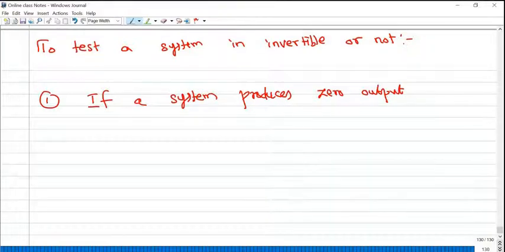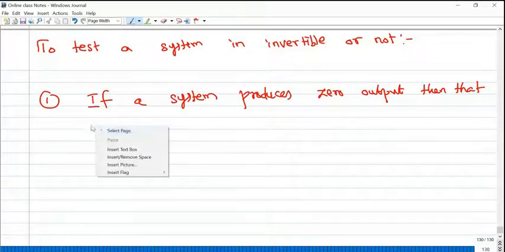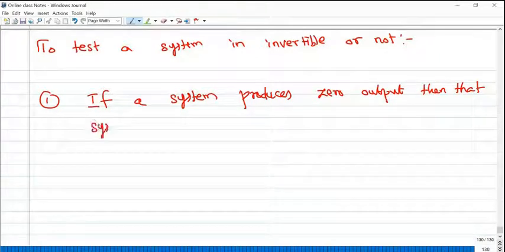So to check whether the system is invertible or not, the system should not produce a zero output. Okay, if the system produces zero output, then that system is non-invertible.